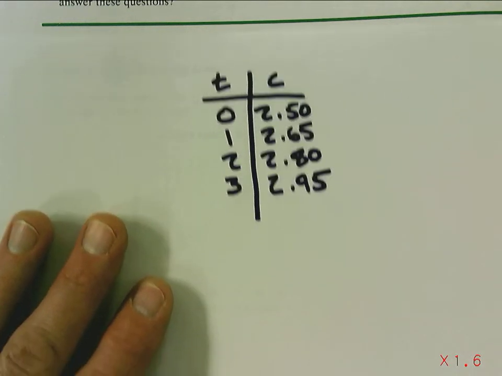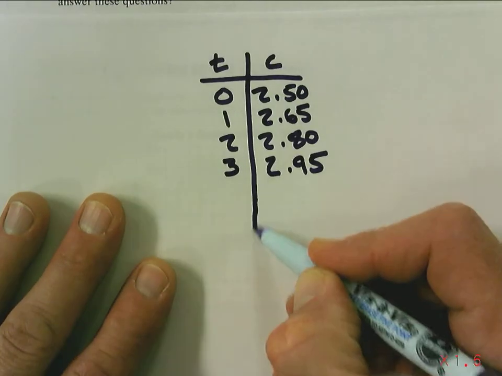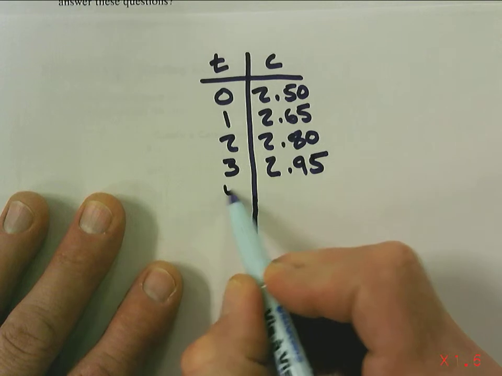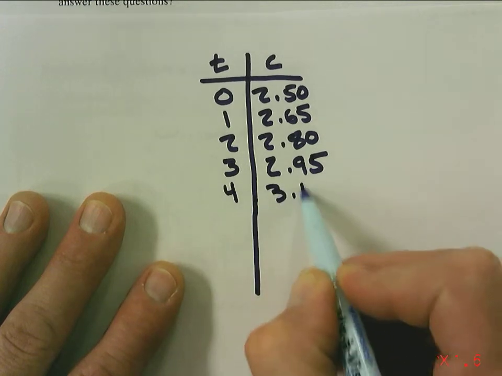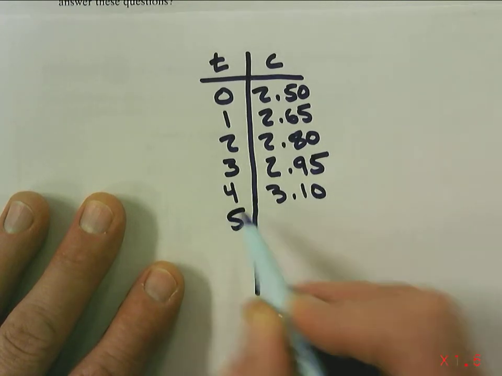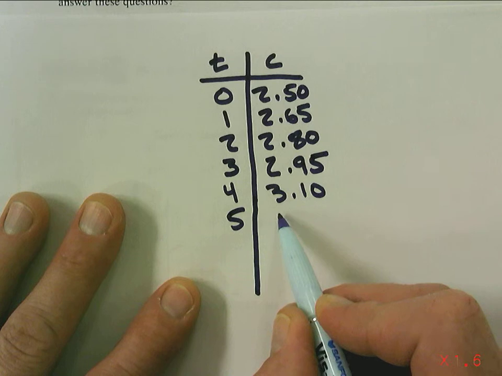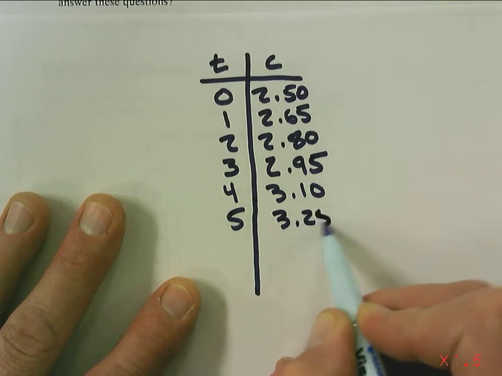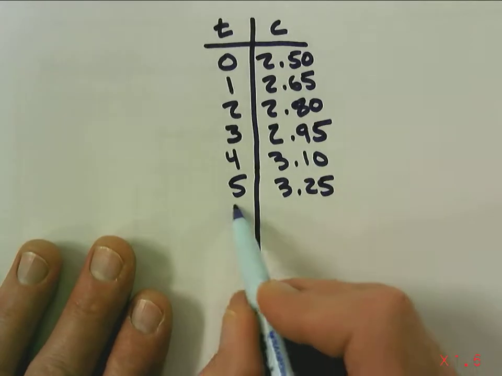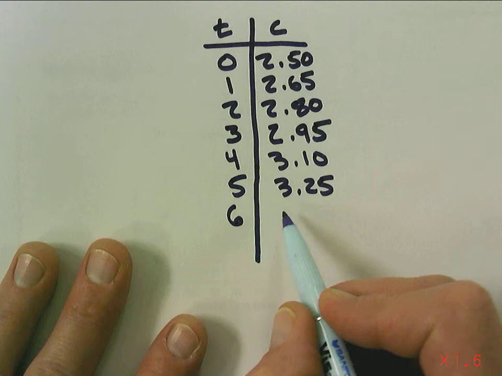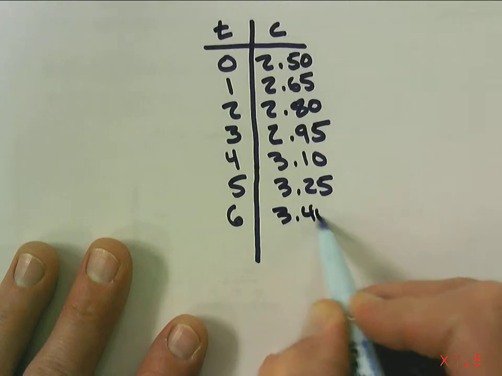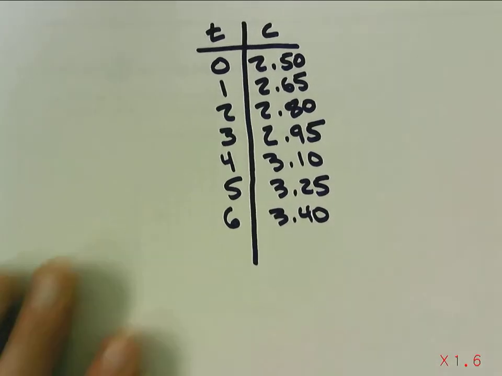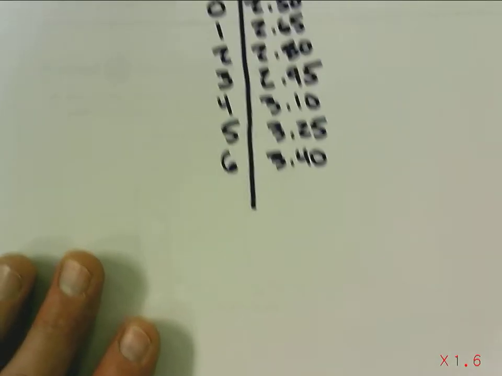I'll just keep going with the table and the chart. So 4 minutes is $3.10 and 5 minutes is $3.25 and 6 minutes is $3.40, and so I'm just continuing up.